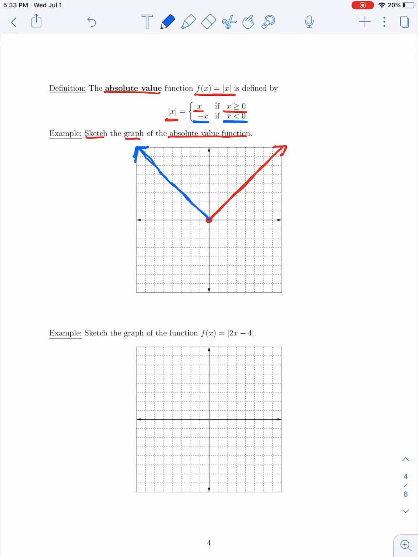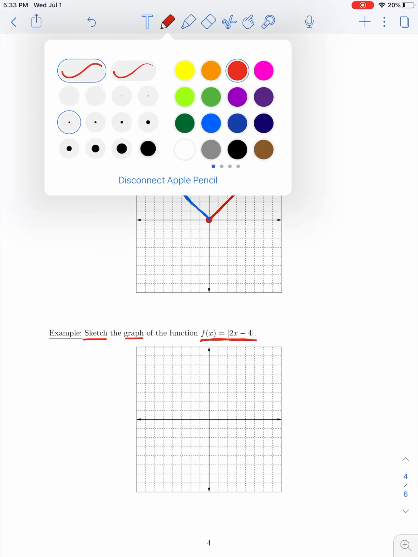So as another example, let's consider sketching the graph of the function f of x is the absolute value of 2x minus 4. All right. So let's think about how this function is defined. We know the absolute value function is defined piecewise.